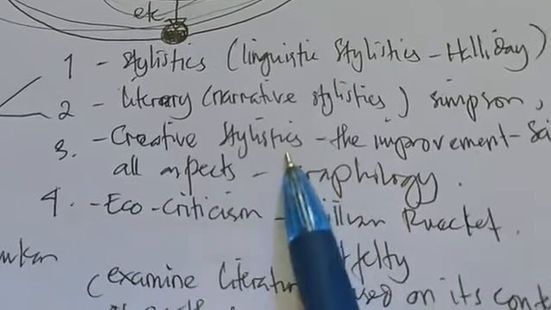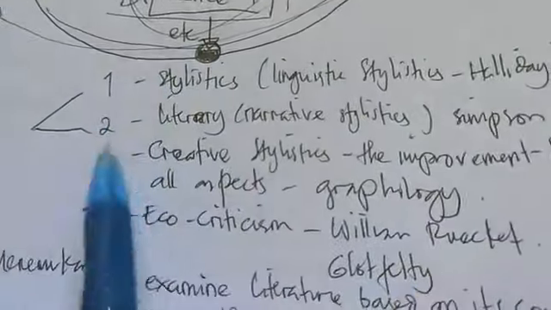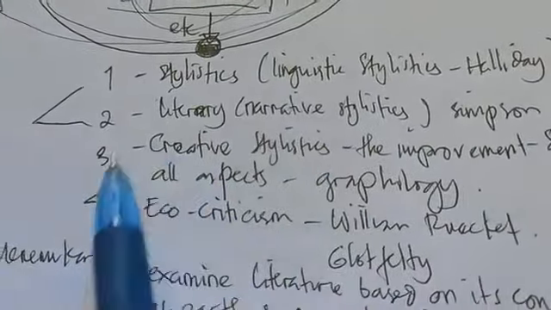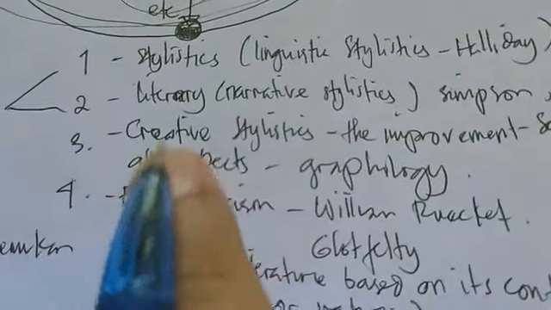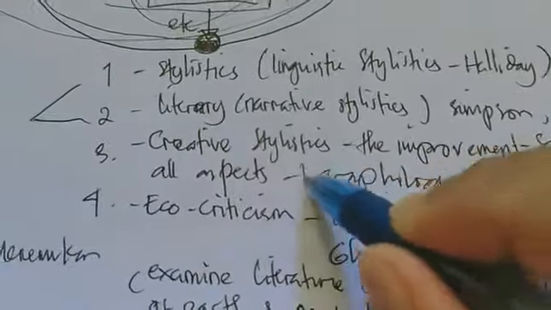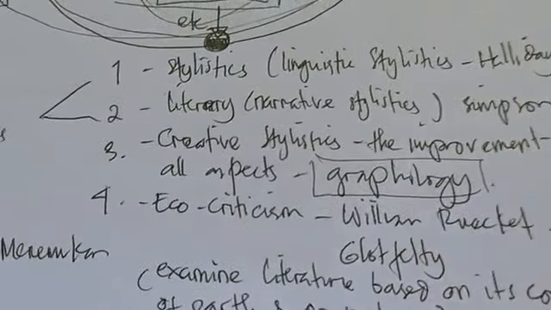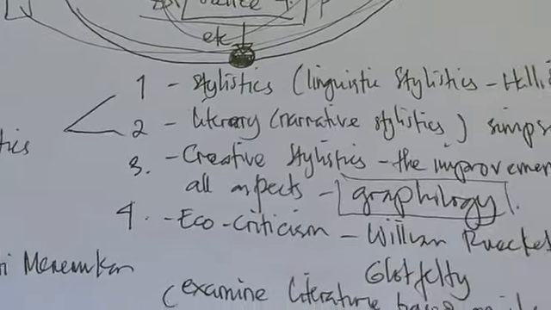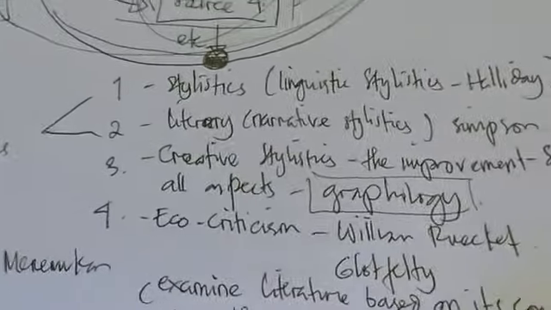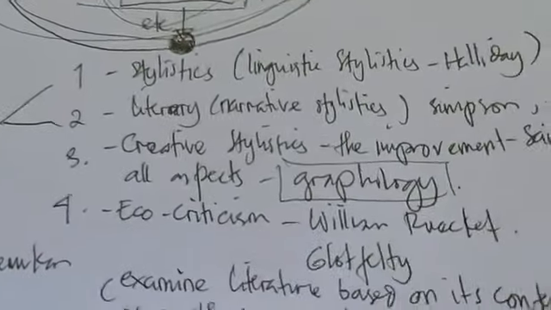Creative stylistics here means the improvement of basic stylistics, because it covers all aspects, and one of its contents explains graphology. Graphology was firstly about graphics related to signatures, but it has improved a lot to cover things related to graphs or graphics.